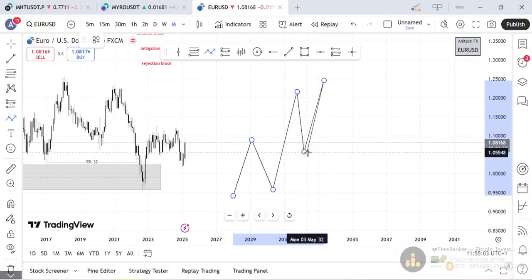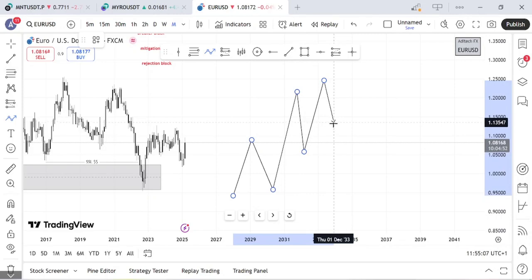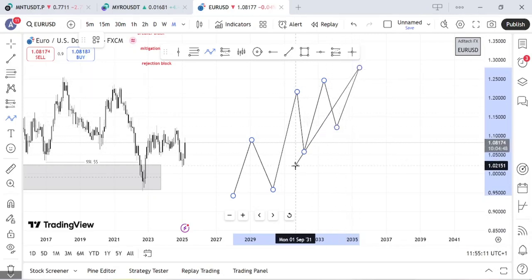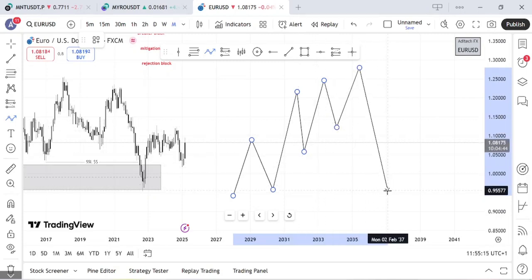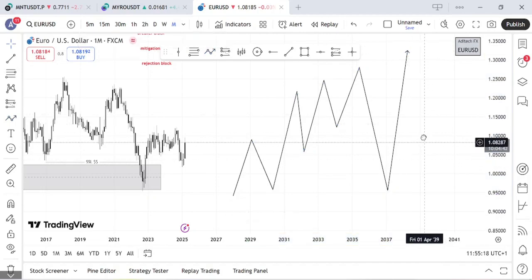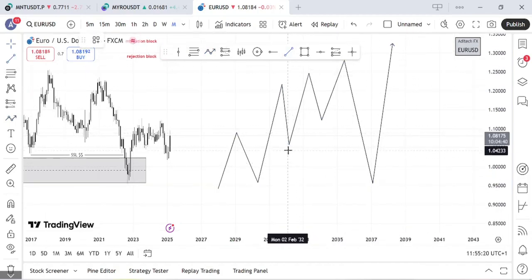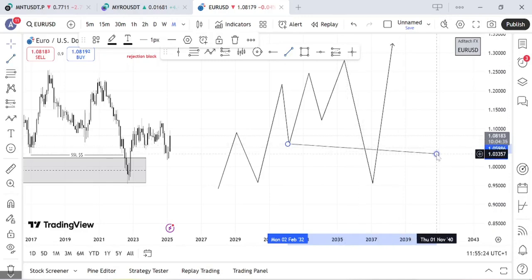This zone is a liquidity because many traders will be looking to buy right here. So price will behave as if it's going up, sweep all those people buying right here, and come back to tap this origin and continue going up. So we have what is called liquidity, which is also inducement.